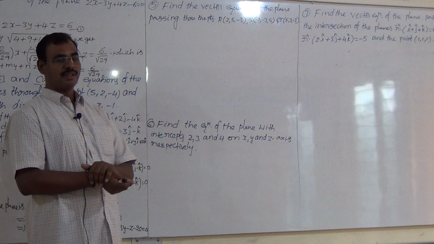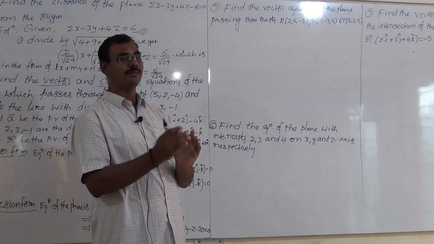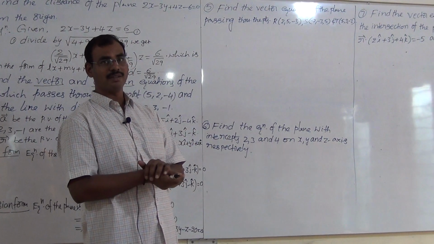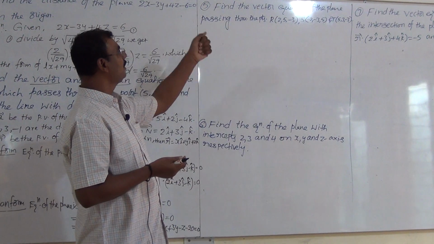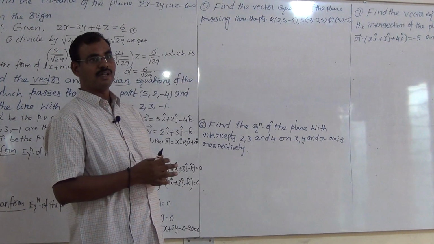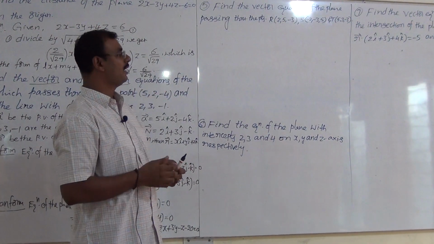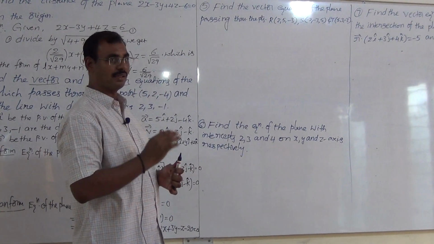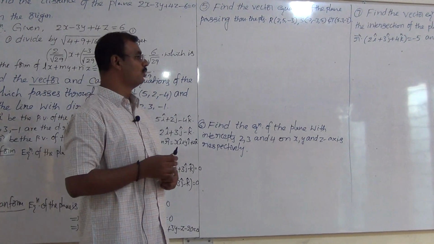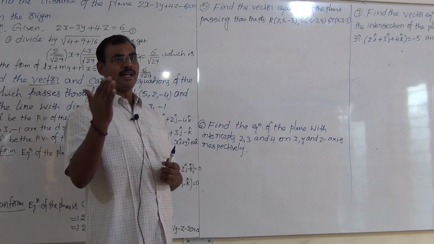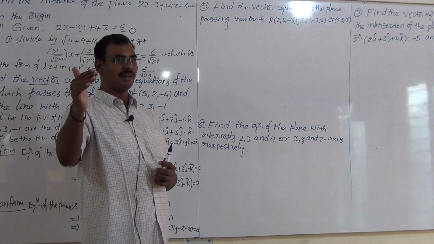Already I have given that: (r bar minus a bar) dot (b bar minus a bar) cross (c bar minus a bar) equal to 0 in vector form. If asked in the Cartesian form, it is the determinant of x minus x1, y minus y1, z minus z1; x2 minus x1, y2 minus y1, z2 minus z1; x3 minus x1, y3 minus y1, z3 minus z1, is equal to 0.